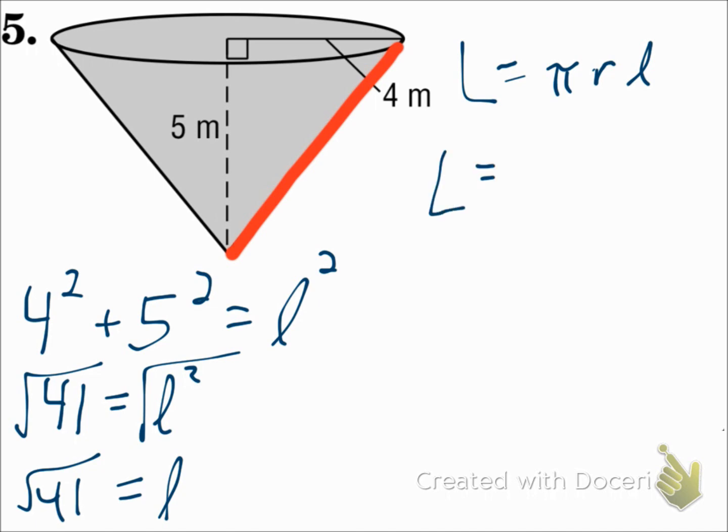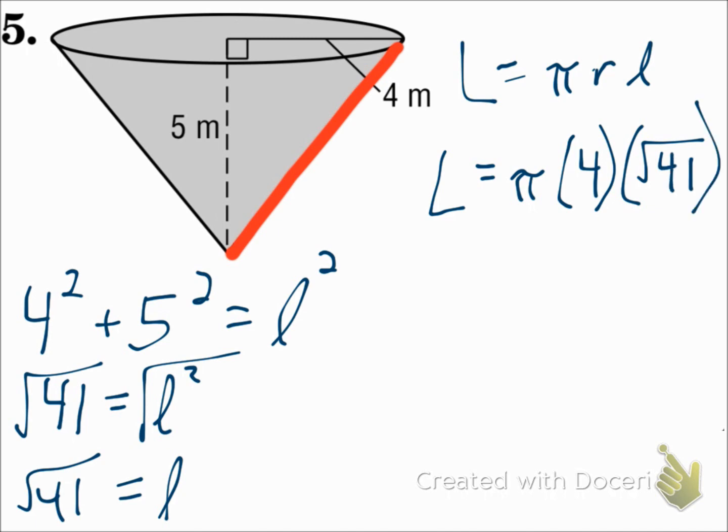Pi times the radius, which is 4, times the slant height, which is the square root of 41. And when you punch that in, you get 80.5 meters squared.